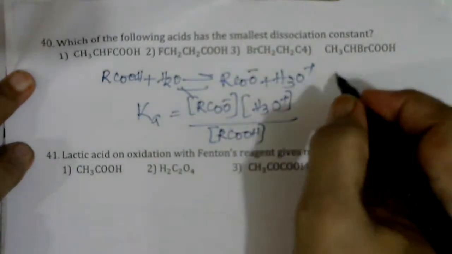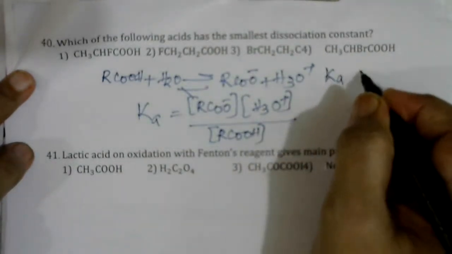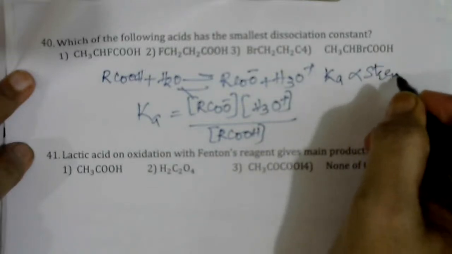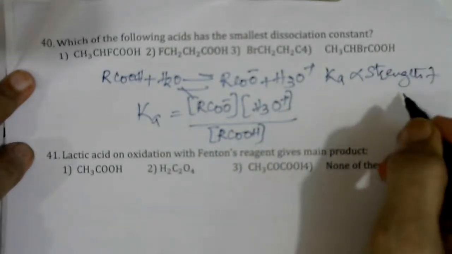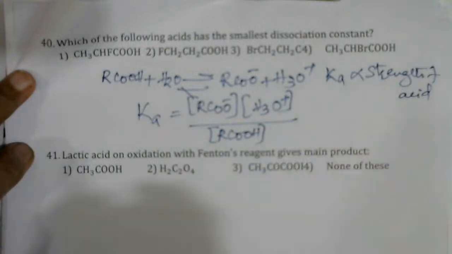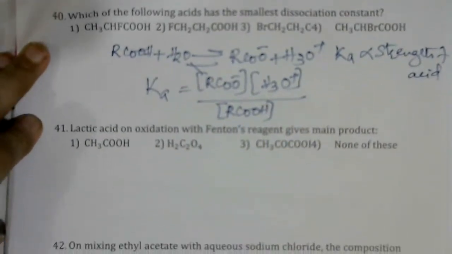So Ka is directly proportional to the strength of the acid.